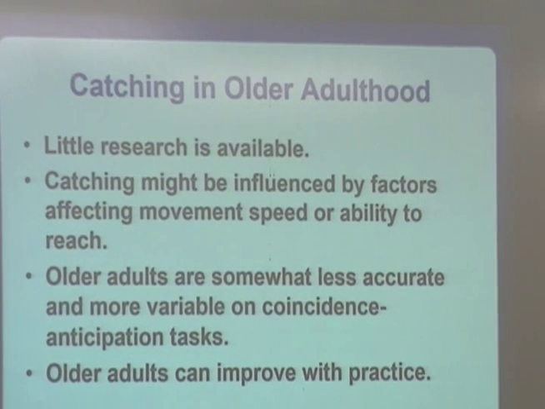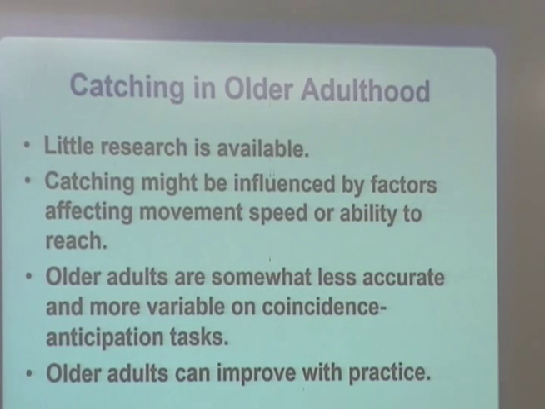The good thing about the literature, though, particularly the little bit that we have on catching, but again, catching's an anticipation interception task, so we could generalize that to tennis or soccer or basketball, right?